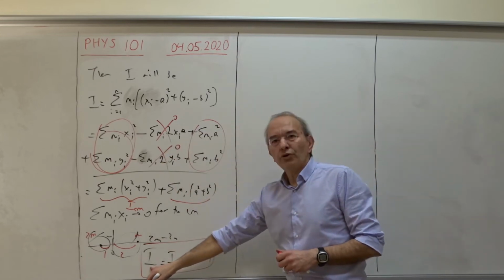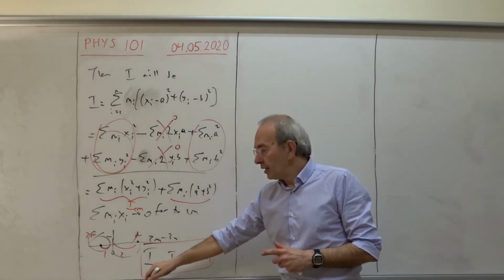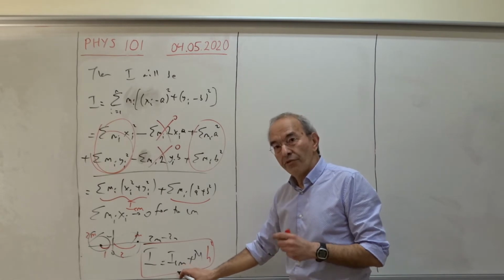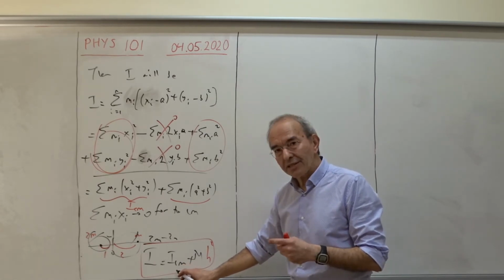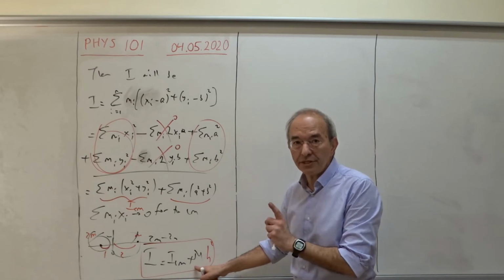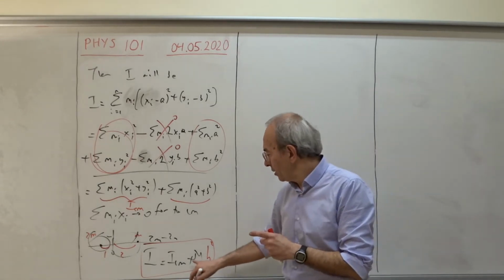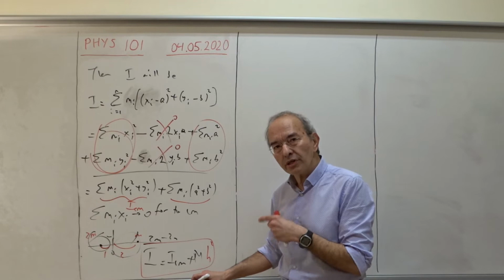The new value of the rotational inertia is the inertia around the center of mass plus, necessarily plus, never a subtraction but an addition, some new term. What is that new term?